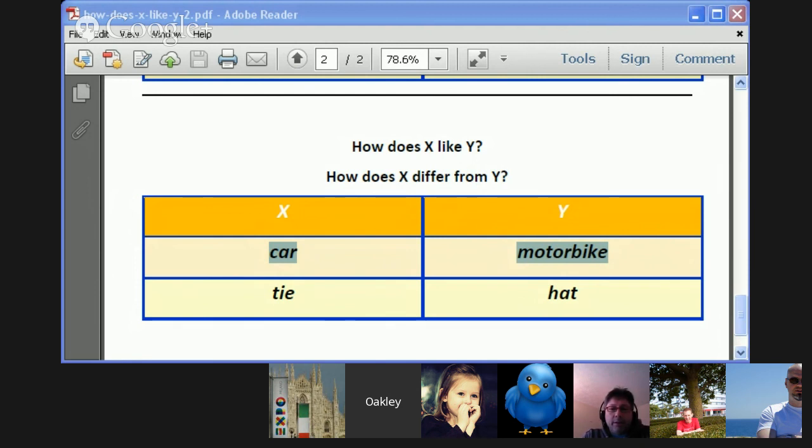On the other hand, a car can transport one or two or more passengers. A motorbike is possible to transport two persons only. Okay. You can use transport as a verb, to transport two people only.